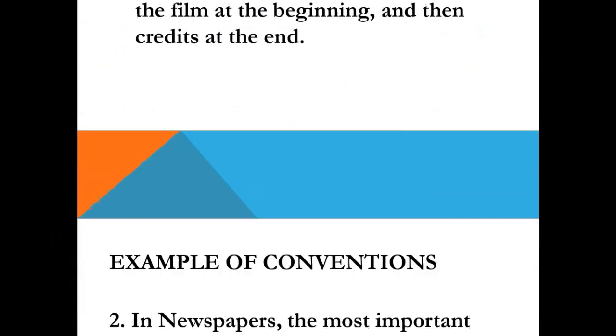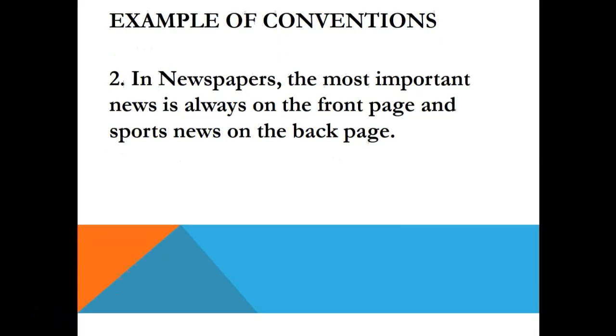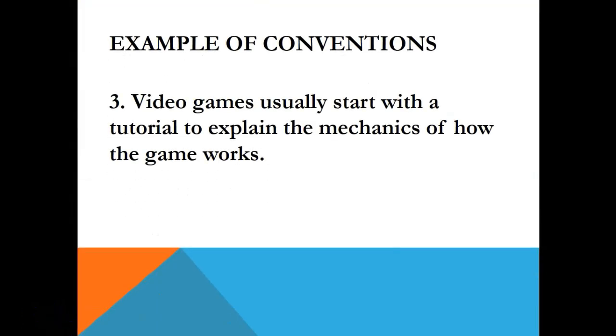In newspapers, the most important news is always on the front page and the sports news on the back page. On video games, usually it starts with tutorial to explain the mechanics of how the game works. The following example are conventions used on action movies.